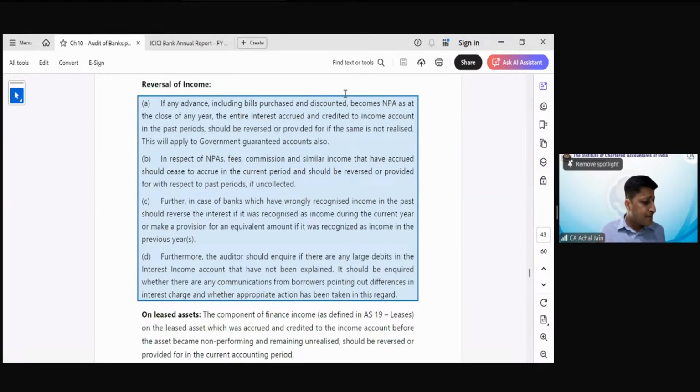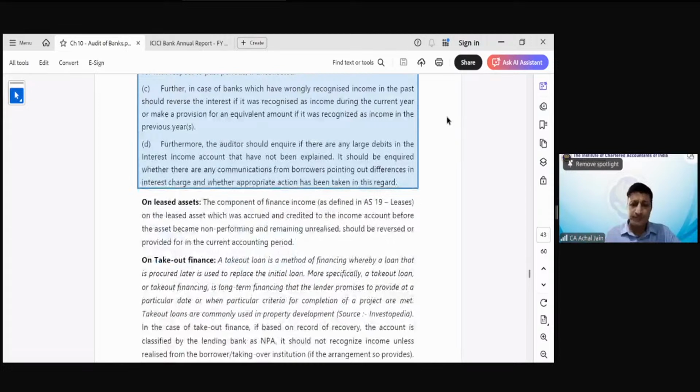Then, on leased assets, meaning assets which are given as leases or on rent, there again the lease income needs to be recognized, depending on the accounting requirement, whether it's a finance lease or operating lease. Then on takeout finance.